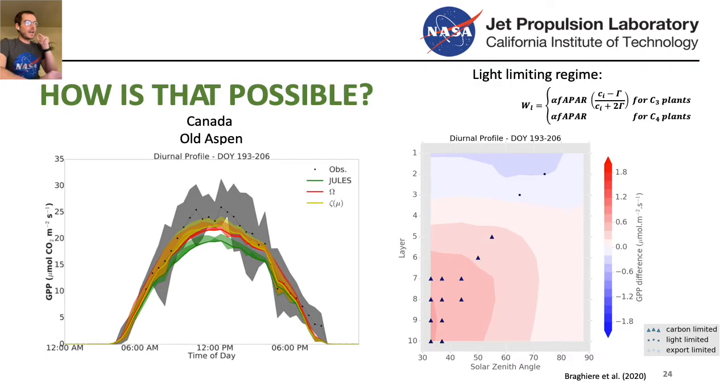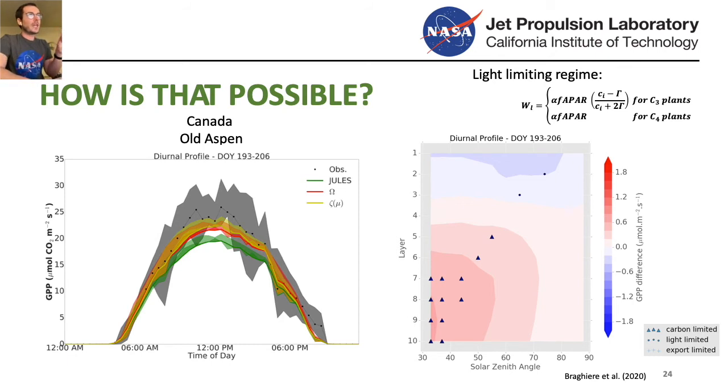So I want to go back and ask, how is it possible that we decrease FAPAR, but we increase GPP? How is that even possible? I mean, we talked at the beginning that the Farquhar model is a co-limitation of carbon limitation and light limitation.